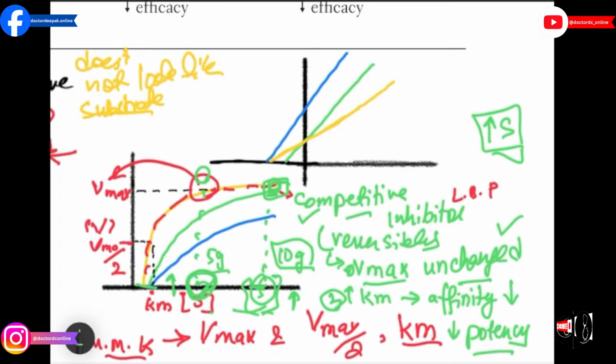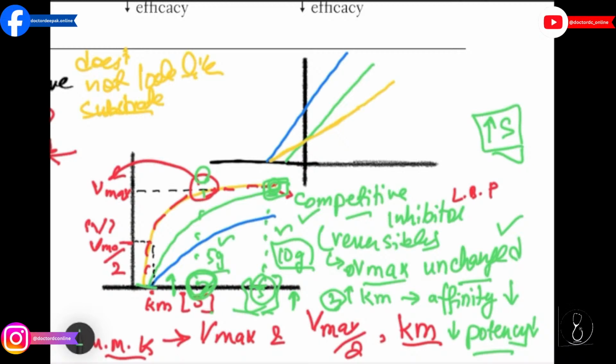Potency means that a drug gives a maximum effect with a lower dose. The effect we were getting with 5 grams is the same effect we are getting with 10 grams now. So potency will be decreased.